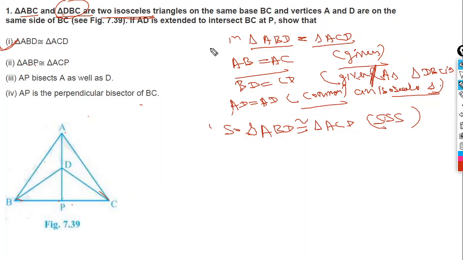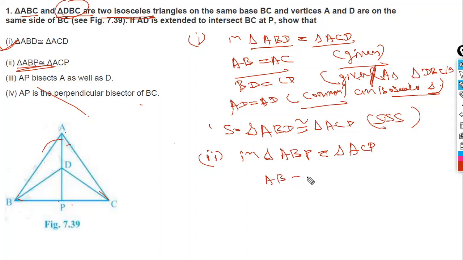So let's move to part II. So this is your part I, and we'll move now to part II. In triangle ABP and triangle ACP, we have what?